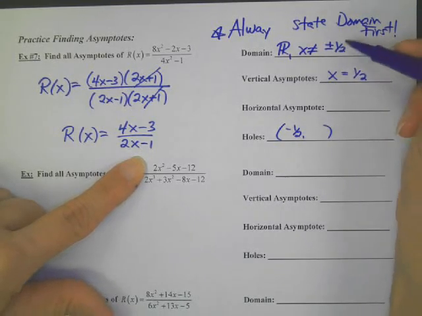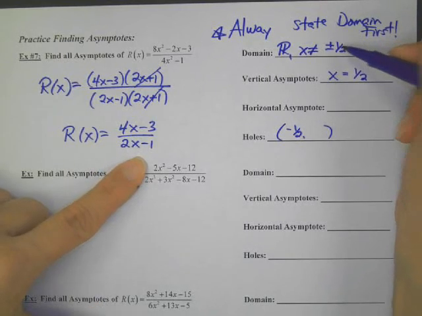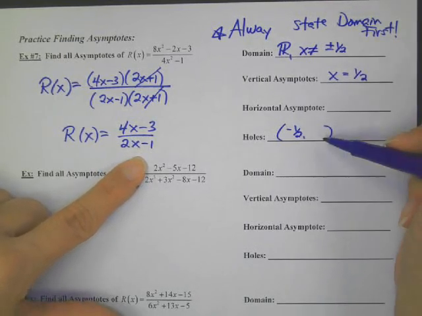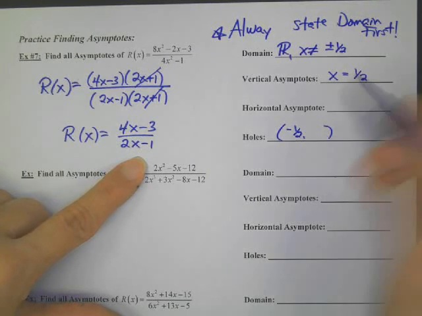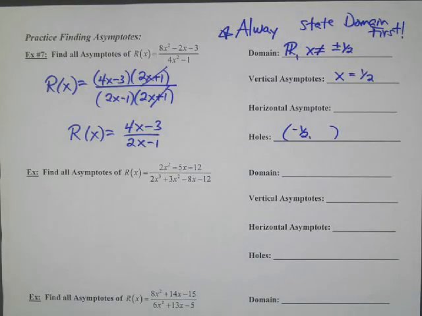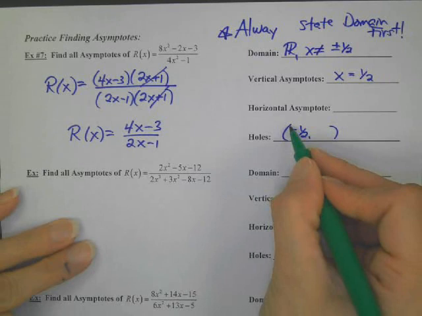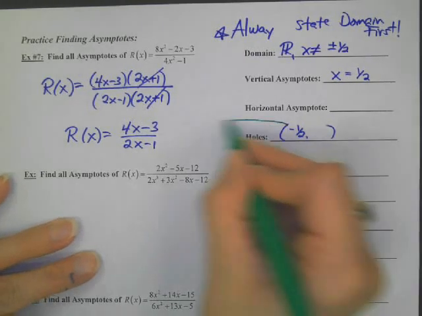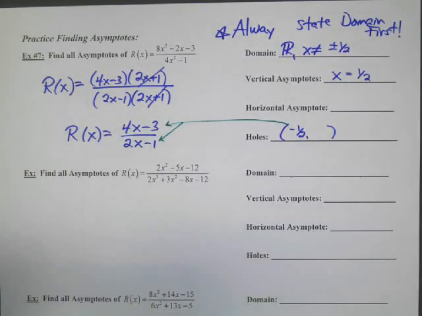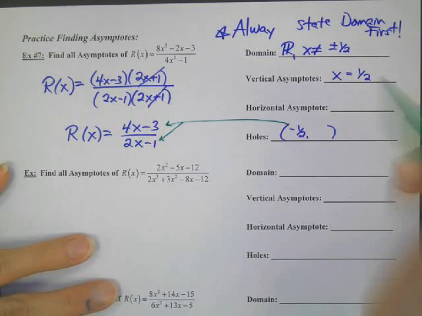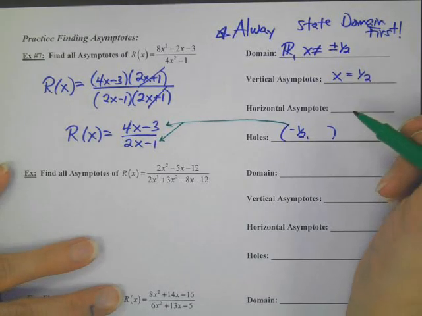So your domain said you cannot use positive or negative 1/2, but for two different reasons. Okay? How do you find the y value of a hole? You take this x number and you go ahead and plug it into the new equation. That's going to be some fun fraction work for you.